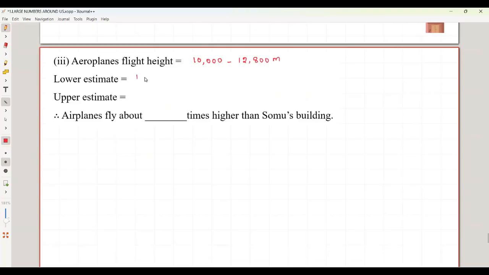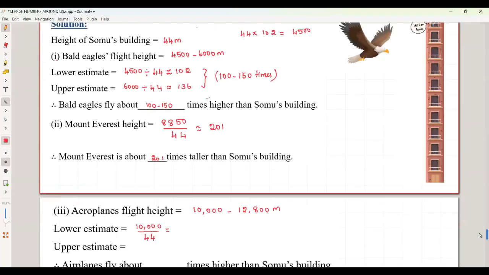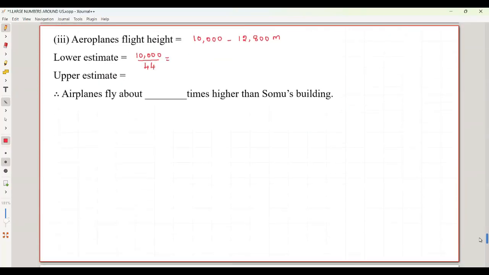The lower limit is 10,000 and the upper limit is 12,800, so again there are two cases, like the first question. Dividing 10,000 by 44, we get approximately 227. For the upper limit, 12,800 divided by 44, we get approximately 291.